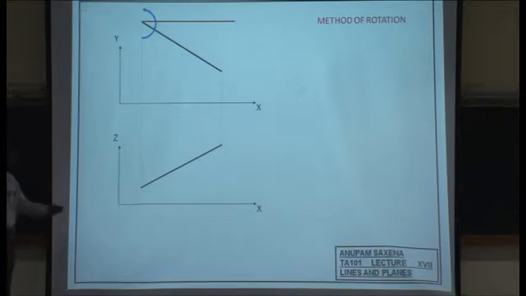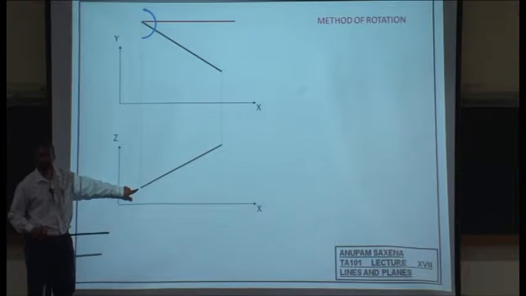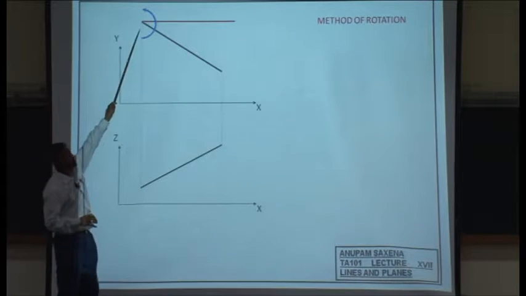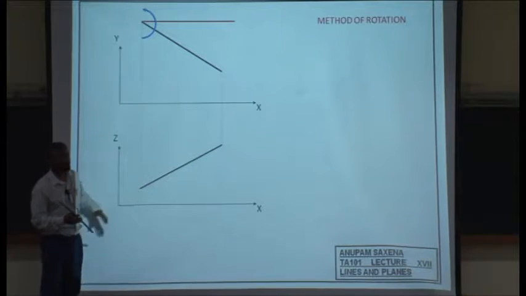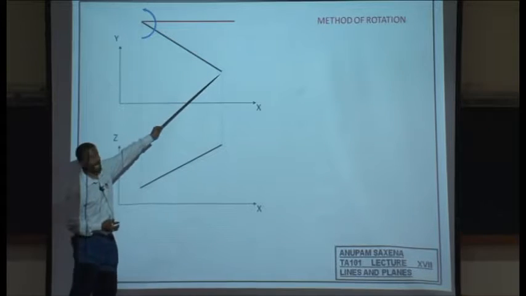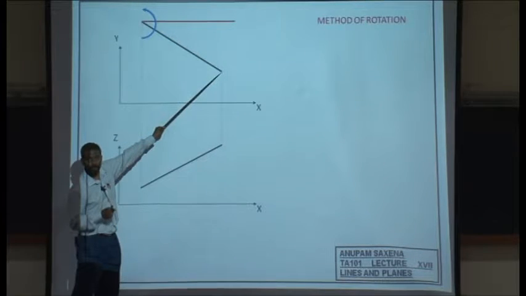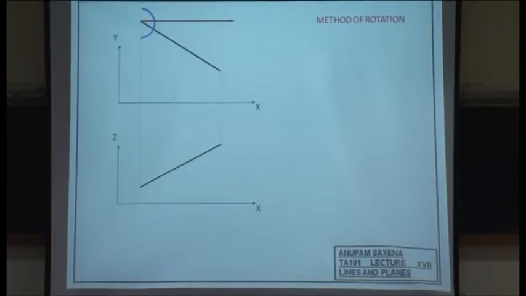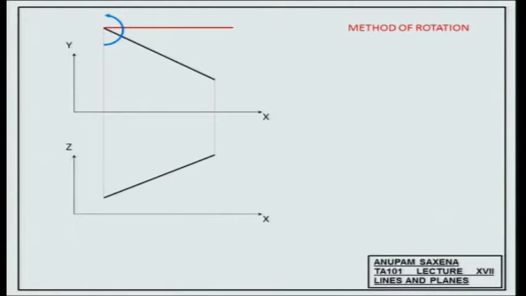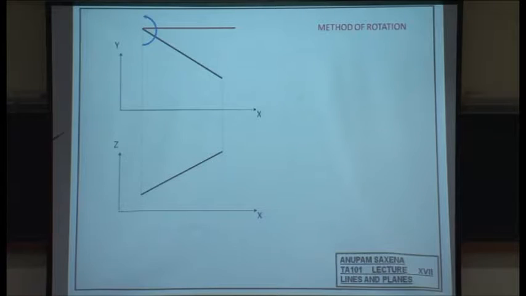Okay, let me get back. Let's say you're rotating the line about this point, about the z axis. So this point remains fixed. Let's go up. What happens to the x, y, z coordinates of this point? Would the x coordinate change? Would the y coordinate change? Would the z coordinate change? The z coordinate will not change. Come back to this view.